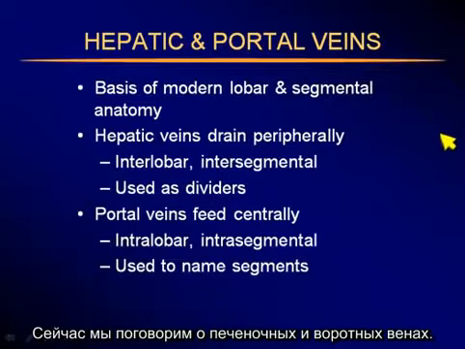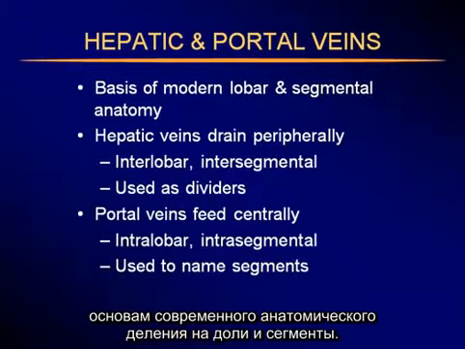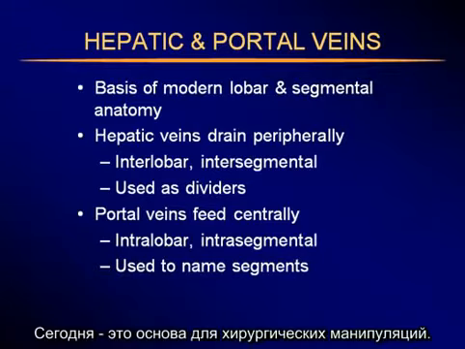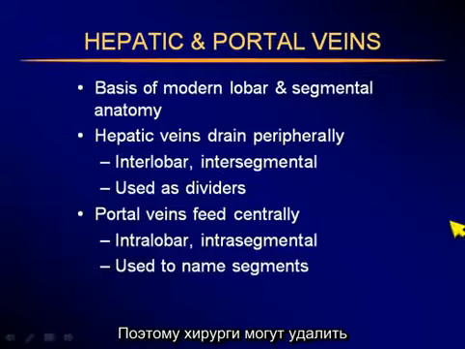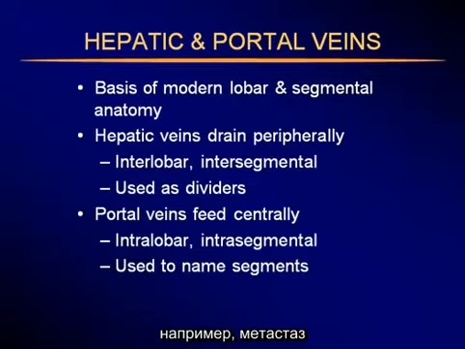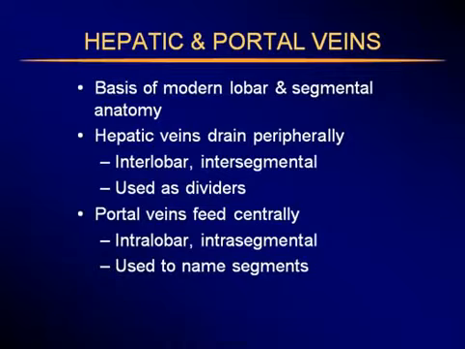So now that we've talked about the hepatic and the portal veins, this leads us into the basis of modern lobar and segmental anatomy. This is the basis of surgical procedures nowadays. This is the reason why surgeons can go in and remove a subsegment of the liver, let's say a metastasis in a subsegment, and not harm other parts of the liver.